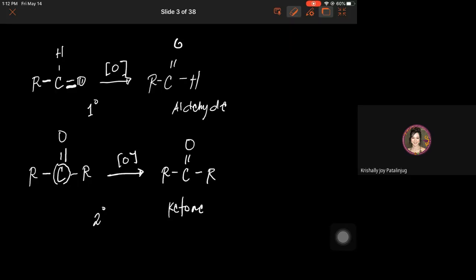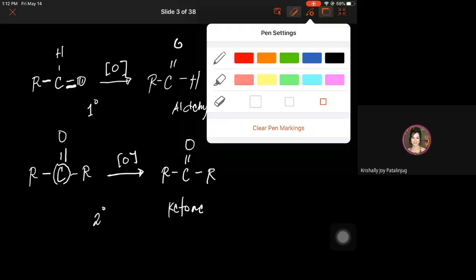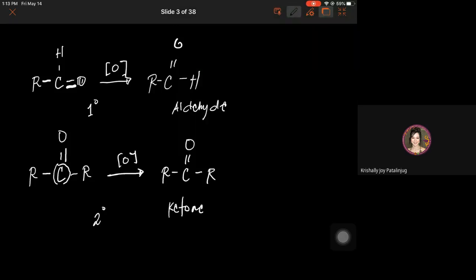It will produce these carbonyls, aldehyde and ketone. Now, between the two, aldehydes and ketones, which one has the potential to undergo an oxidation reaction? Between these two carbonyls, which one can still proceed to oxidation? Very good, it's aldehyde.